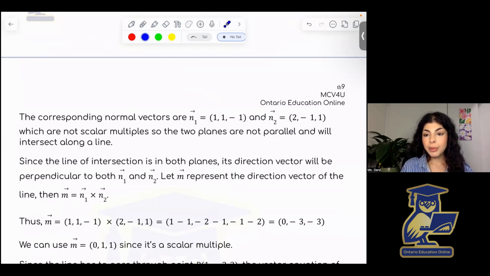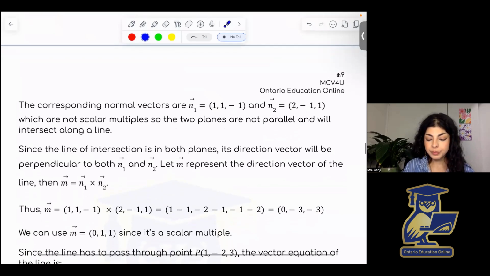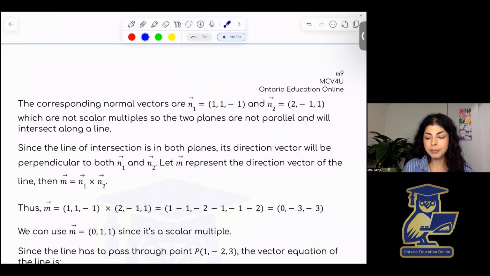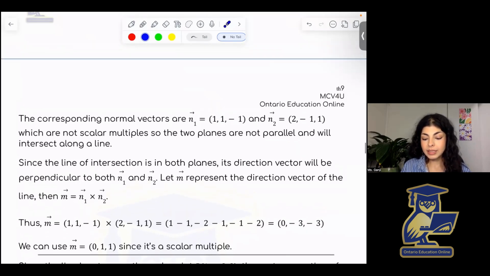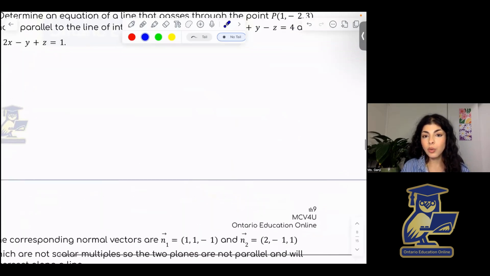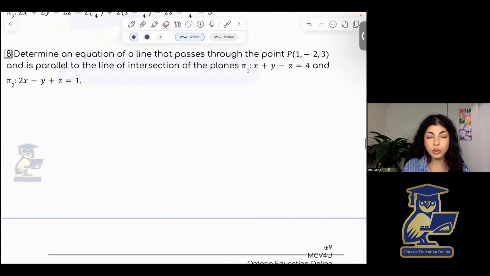Now, remember the cross product gives us the vector that will be perpendicular to both of these two normal vectors, and if it is perpendicular to the normals of these planes, then we can also conclude that it's going to be parallel to these actual planes as well.